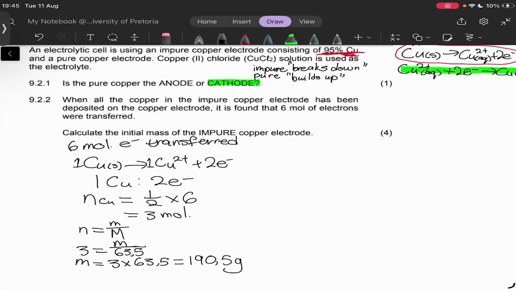Any ideas? Maybe I can give you guys this as a challenge. Let's get the initial mass of the impure copper electrode.